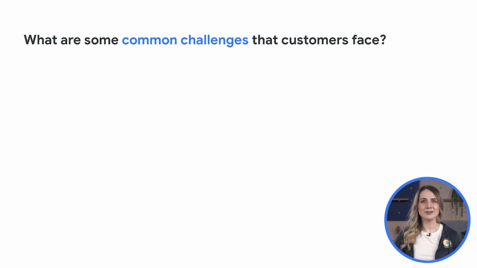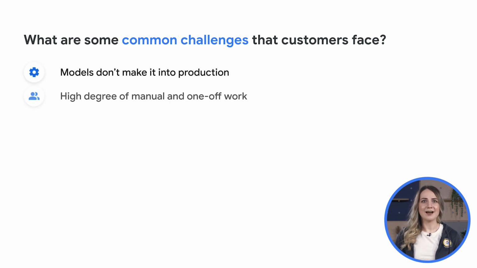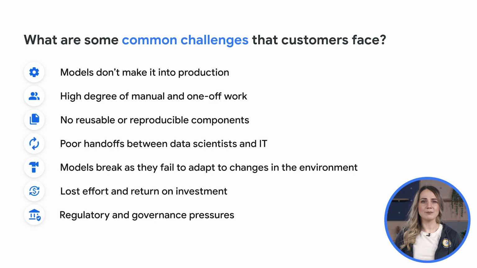The common challenges this company could potentially face include models don't make into production, high degree of manual and one-off work, no reusable or reproducible components, and many others. Further, we are going to explore how Vertex AI pipelines can help our customers to overcome those challenges.